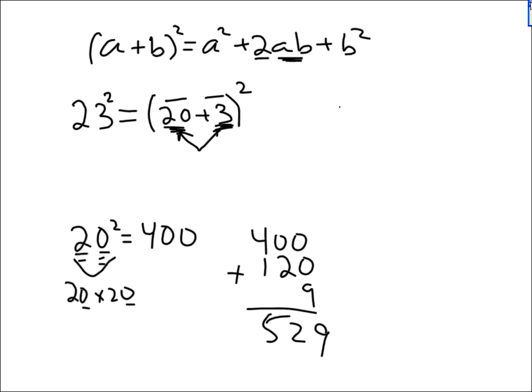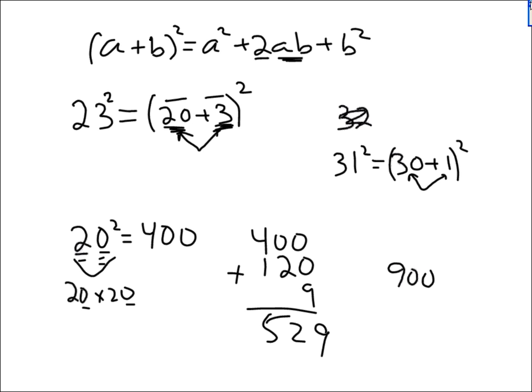If you want to know what 31 squared is, think of it as 30 plus 1 squared. 30 squared is 900. The product is 30. You double it, you get 60. You should know what 900 plus 60 is.